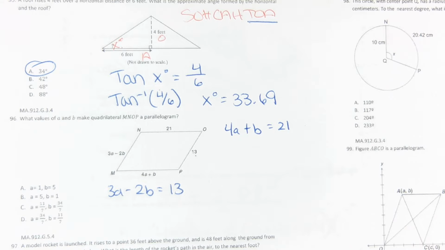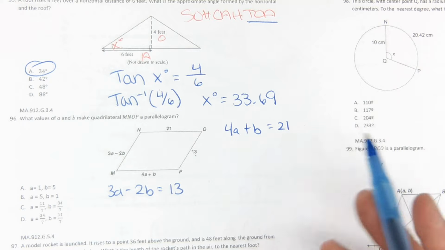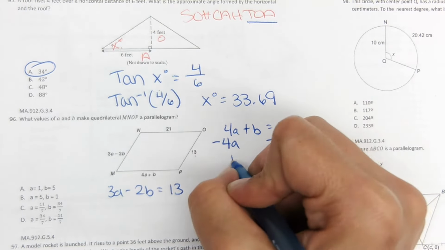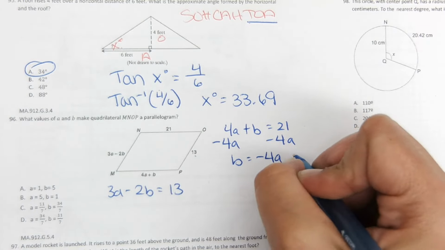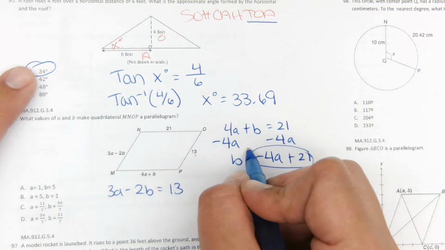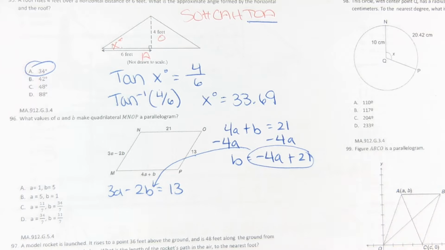So what we're going to do is solve for one of the variables. I'm going to get this whole thing equal to b. I'm going to subtract 4a from both sides, and I get b equals -4a plus 21. And then I'm going to take this and plug it into the other equation for b.